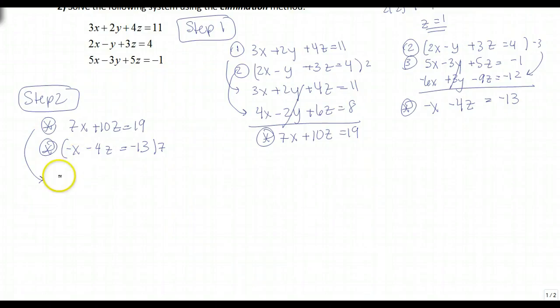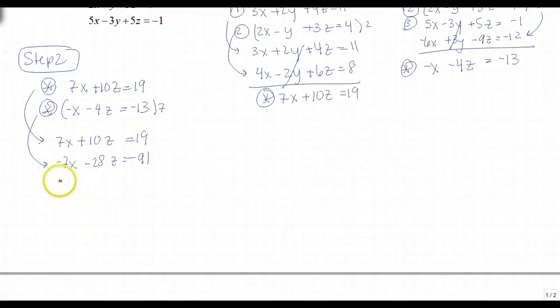So first I'm going to rewrite the top one. 7x plus 10z equals 19. And then when I rewrite the other one, negative 7x minus 28z equals negative 91.